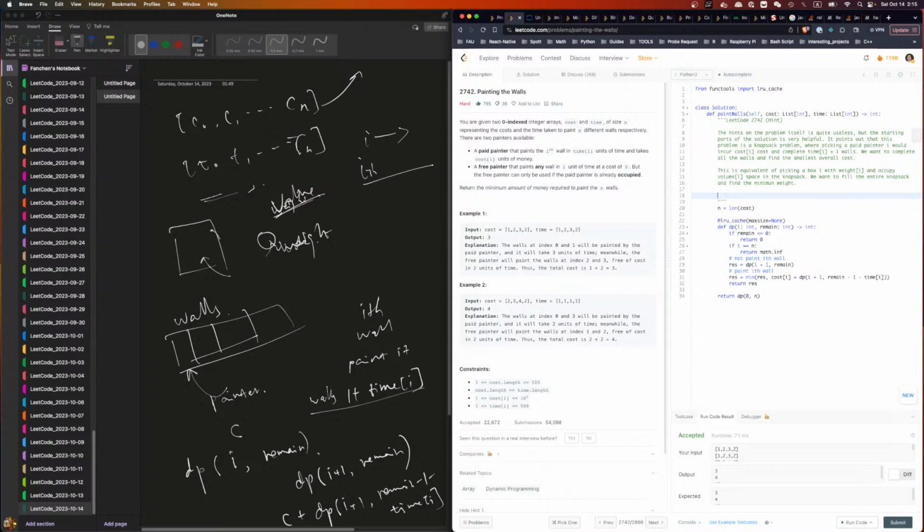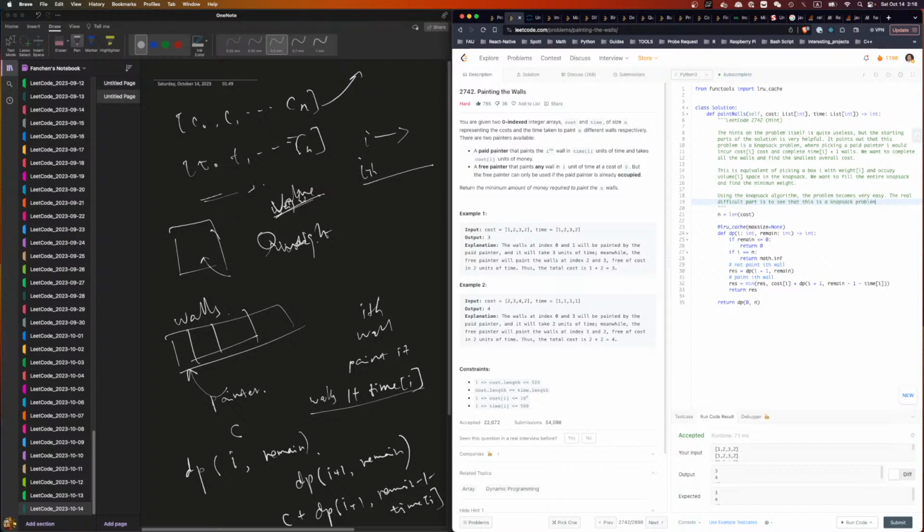So using the knapsack algorithm, the problem becomes very easy. But the real difficult part is to see that this is a knapsack problem.